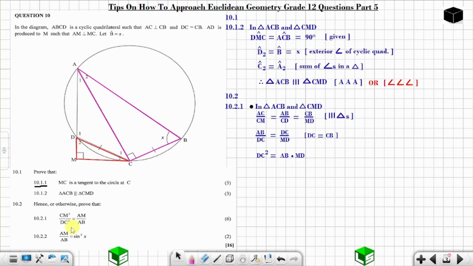Now you need CM squared. So now we are going to work in this triangle and this triangle.